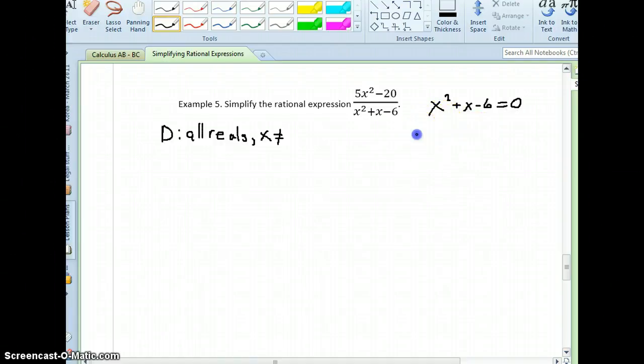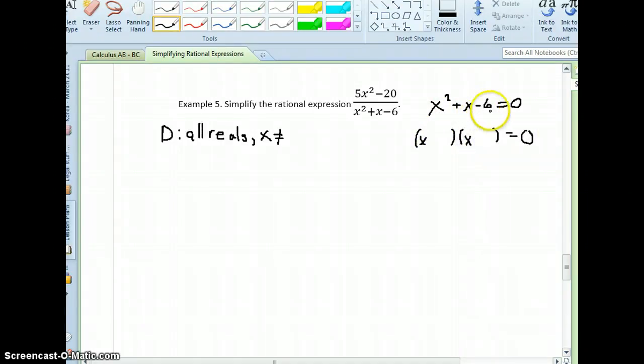Okay, so this factors into, let's see, to get the first term x squared, I would need an x and an x.